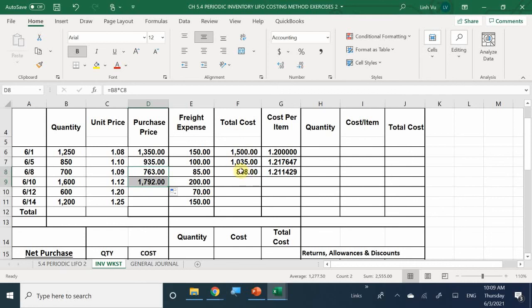Good. Plus an additional $200 of freight gives me a total cost of $1,992. And then what is going to be my cost per item here? 1.245.